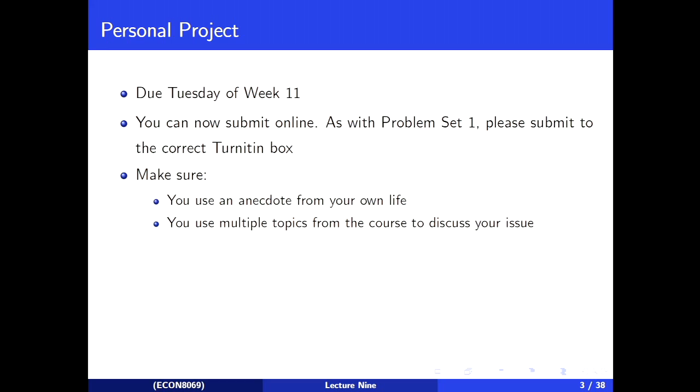Demand, supply, market structures are the three main things we've talked about. Depending on what the problem is, you might want to talk about all of those or some of those. You might want to talk about some other things as well. I'm happy for you to bring in additional low-level micro stuff if you want to talk about other theories.